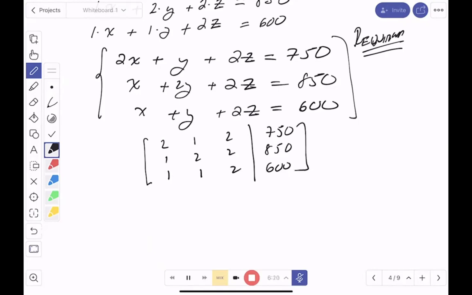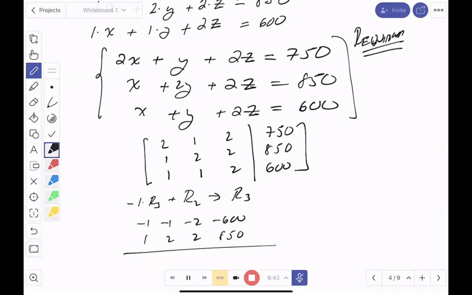I'm going to do minus 1 times row 3 plus row 2 and give it to row 3. Minus 1, minus 1, minus 2, minus 600. Plus 1, 2, 2, 850. That would give me 0, 1, 0, and that would give you 250, right?